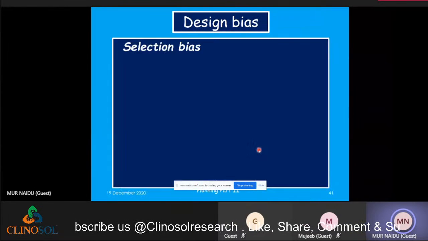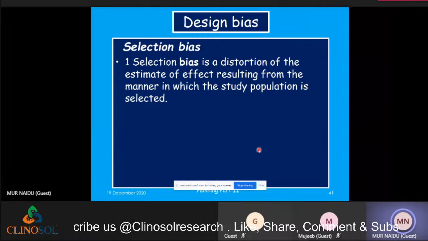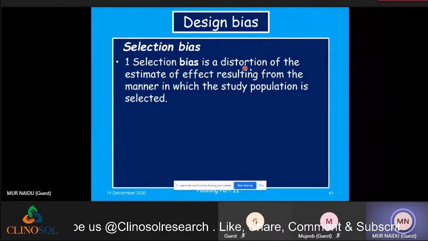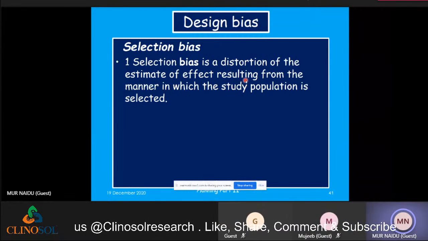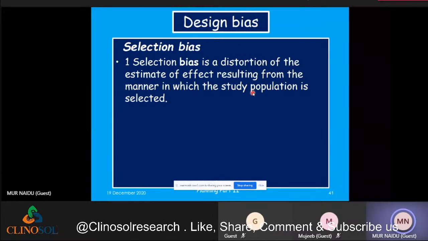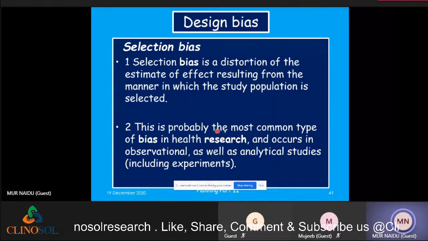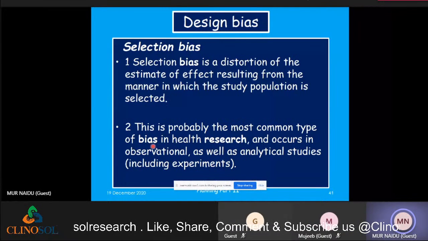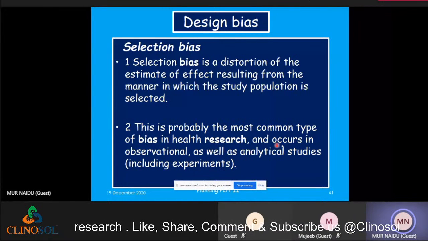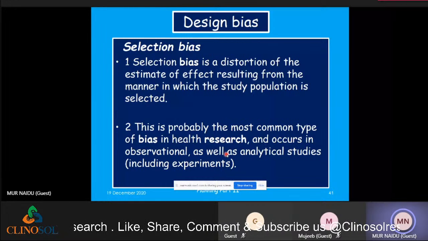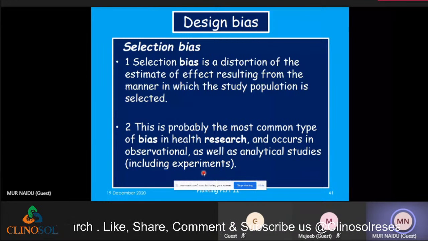Coming to design bias, I told the selection. Selection bias may be a distortion of the estimate effect resulting from the manner in which the study population is selected. This is probably the most common type of bias in health research and occurs in observational or analytical studies.